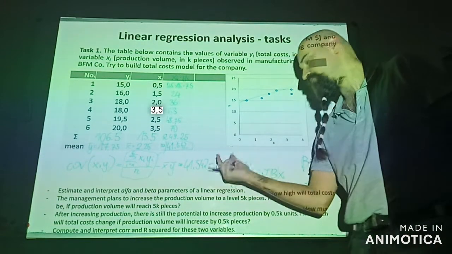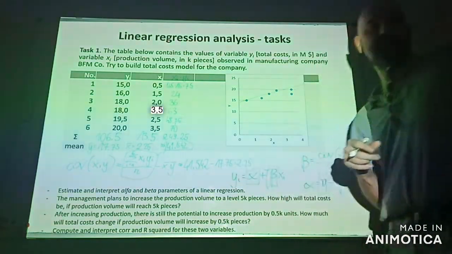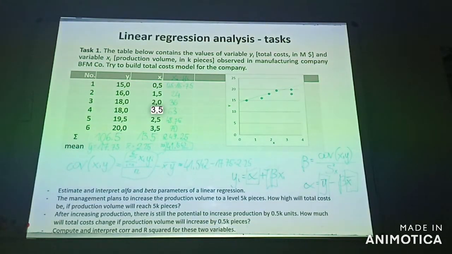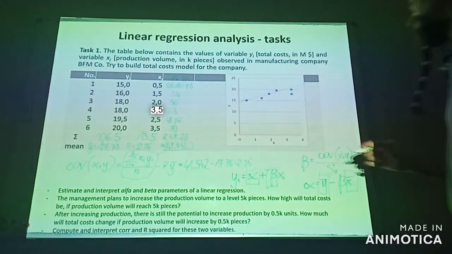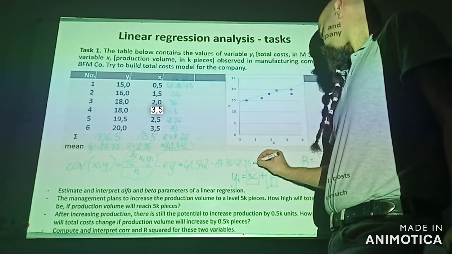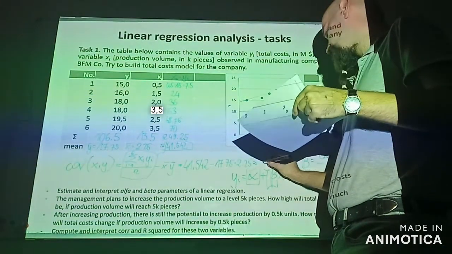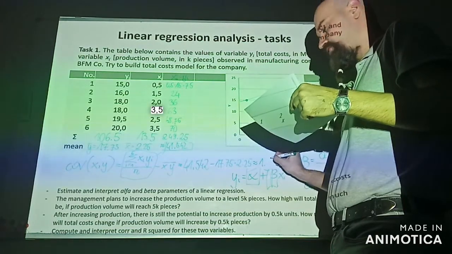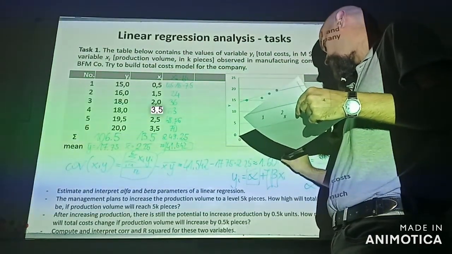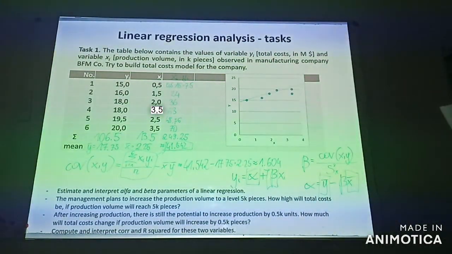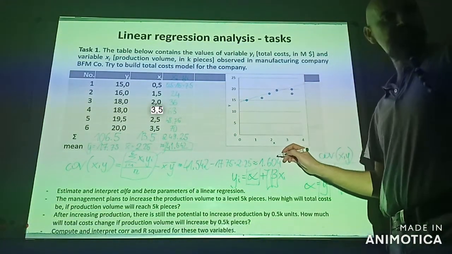Of course, we can change places, yes, because we multiply. And finally, we will receive covariance equal to 1.604. What does it mean?